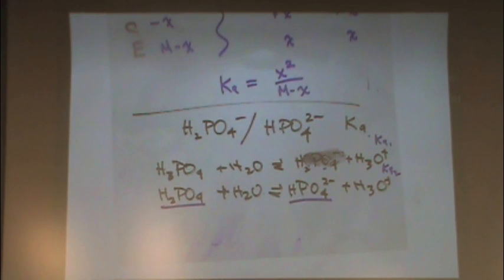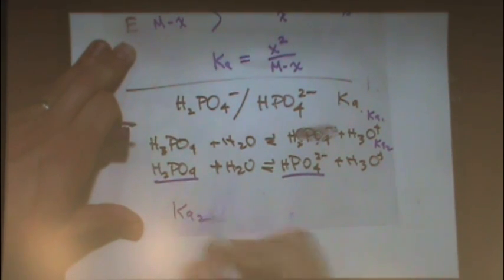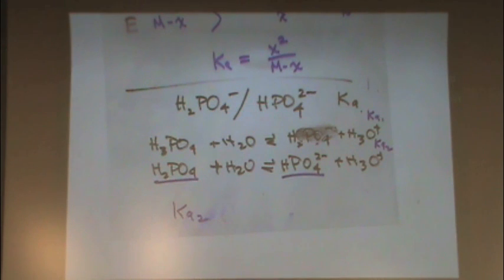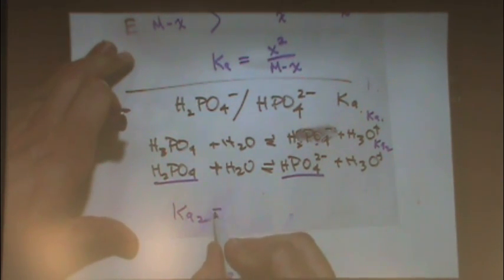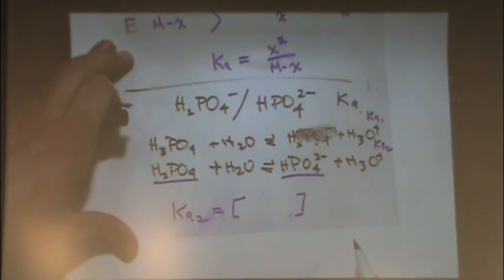So you use the ice table in the first step. There's only one additional thing I want to point out before we move on. The Ka2 value, it just happens to turn out this way for your normal polyprotic that we do in our class, is equal to a special concentration. Does anybody know which one it is?